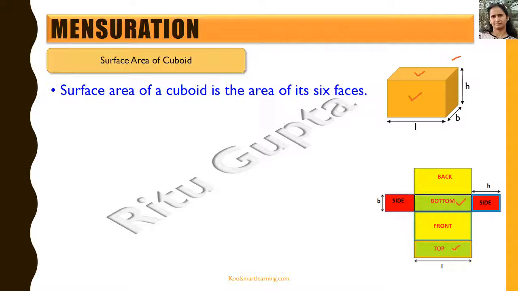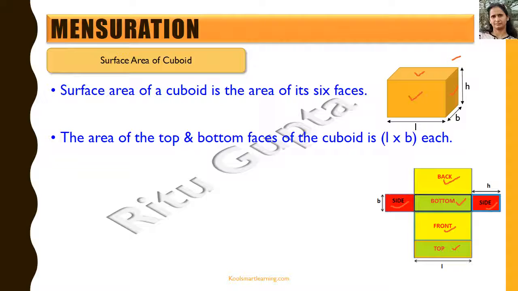This is the front, and there's a corresponding back which is not showing up in the 3D figure, and then we have the sides and again a corresponding side to it. So these are the 2 sides.